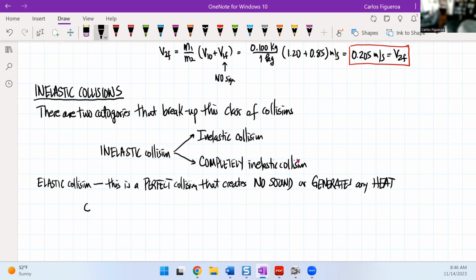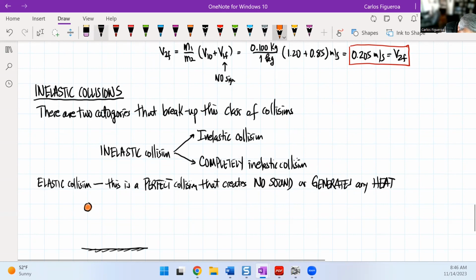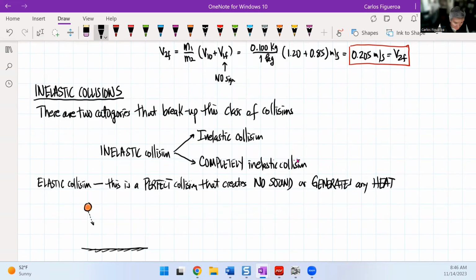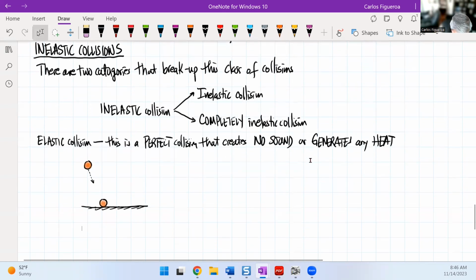A very, very good example of a perfect collision is that I can take a ball and I'm going to drop this ball. I'm doing that at an angle so that it's easier to see. Right before it hits the ground, remember, it's still going straight down.